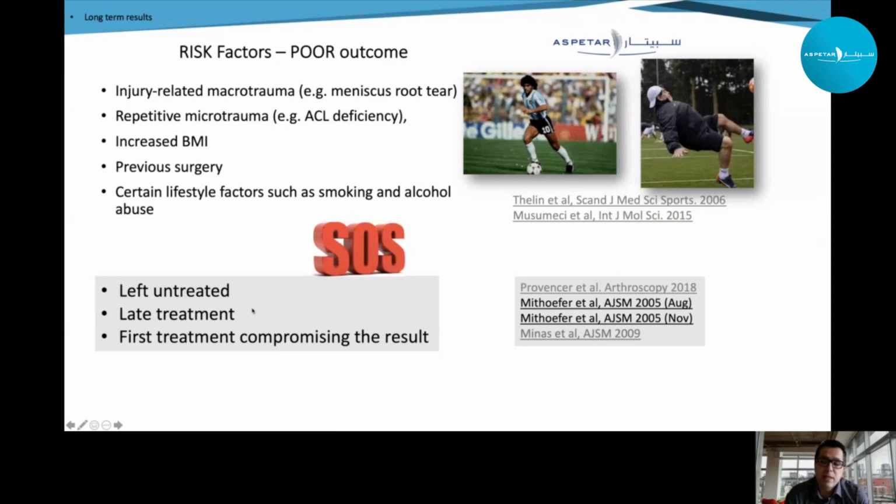These are already established by good data and good research: lesions that are left untreated, lesions that are not treated properly time-wise, meaning we're dealing with them more than 1 year after the first clinical diagnosis and first clinical symptoms, and lesions that were initially treated with bone marrow stimulation techniques.